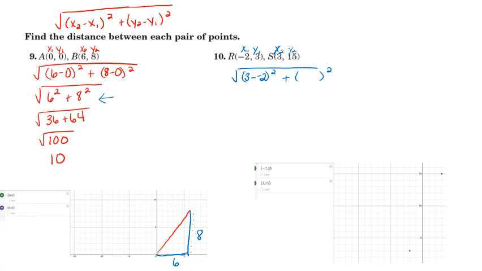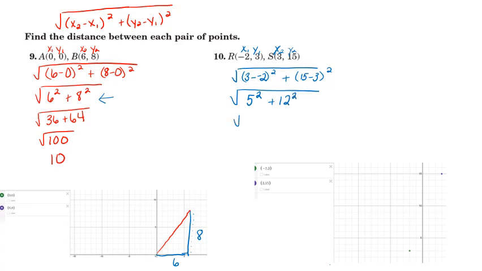Notice it's minus a negative, which is plus. Okay? And then y2 minus y1. Alright, just like I said, 3 minus a negative 2 is the same as plus. So that's going to be 3 plus 2, which is 5, squared. And then 15 minus 3 is 12, so 12 squared.